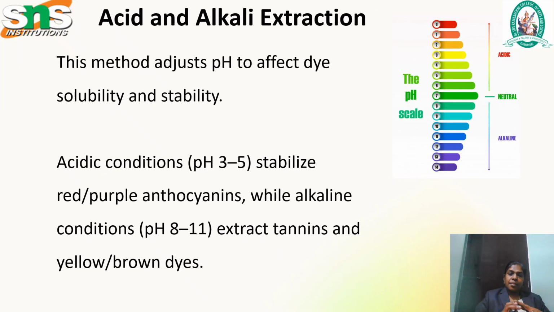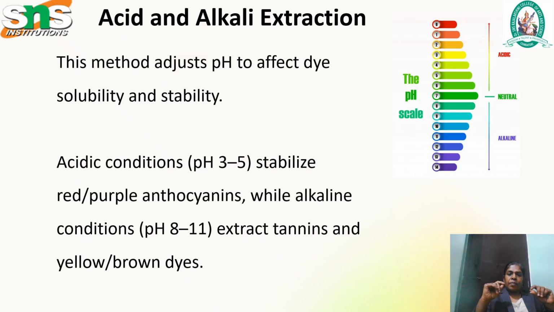The next one is acid and alkali extraction. Here you have to adjust the pH range to make the dye soluble and also stable. As we very well know, acidic pH is from 1 to 6.9, then 7 is neutral, then 7.1 to 14 is alkaline pH.